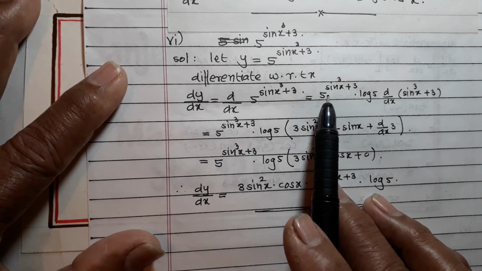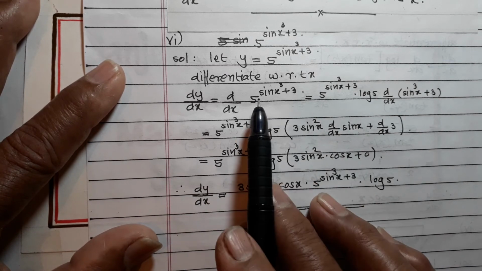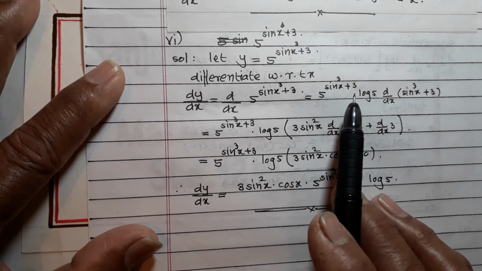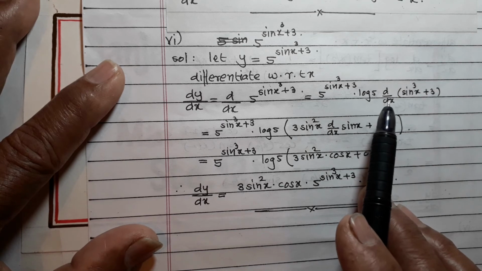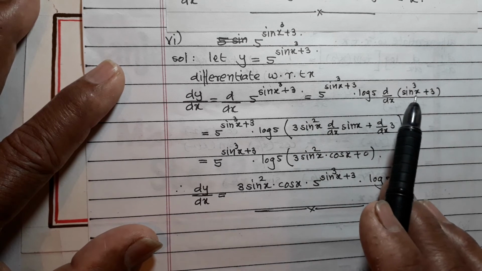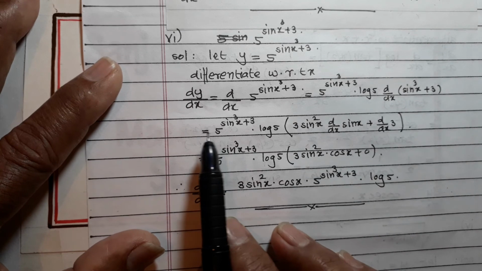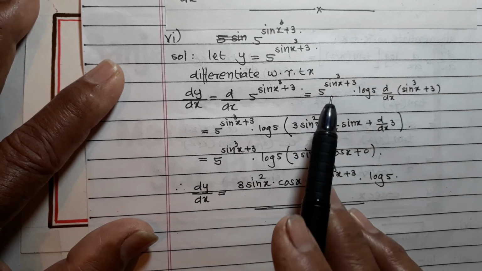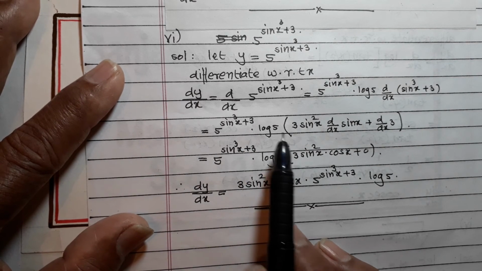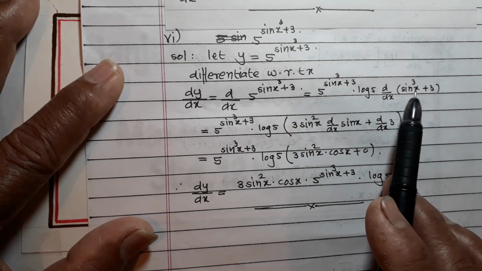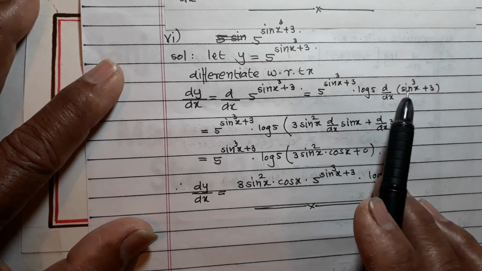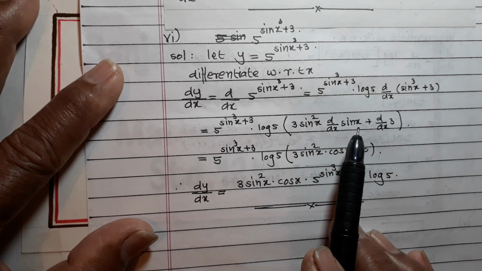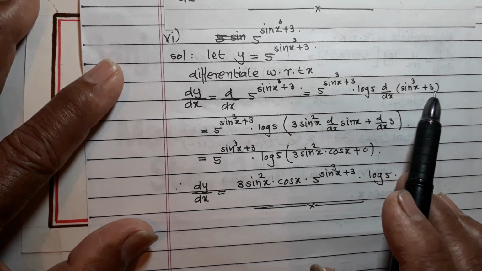is equal to, first here you use the formula a raised to x. 5 raised to sin x cube plus 3 log 5 and derivative of sin x cube plus 3. Okay. Now it is equal to 5 raised to sin x cube plus 3 as it is, log 5 into bracket derivative of this. First you take derivative of sin cube, that is 3 sin square x, and derivative of sin x, and plus derivative of 3.